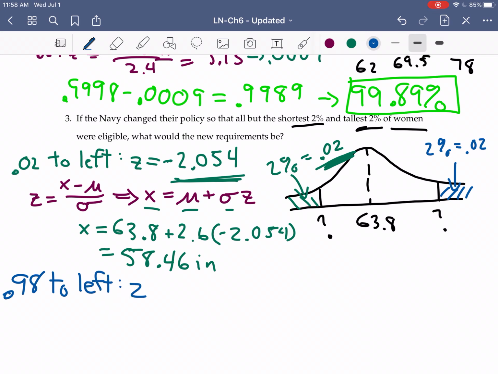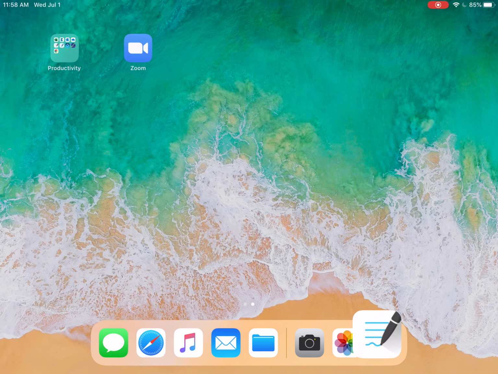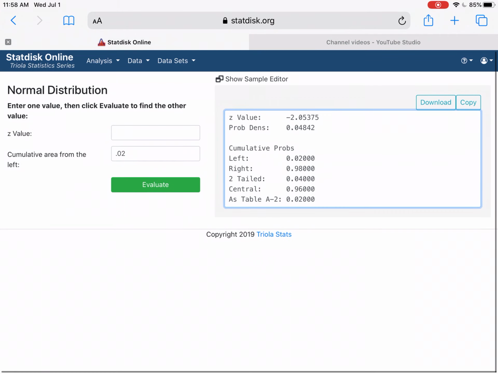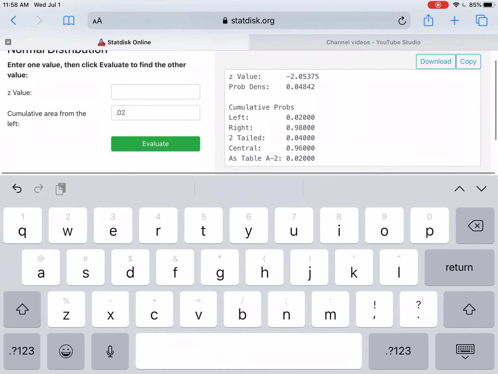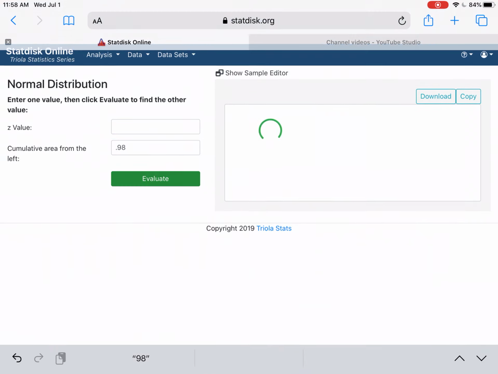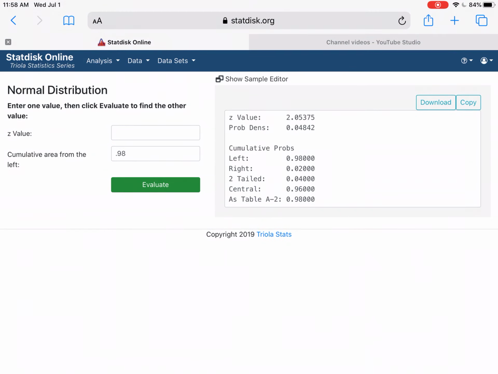Let's go over to StatDisk. We're going to input this time a value of 0.98 and evaluate it. That gives us a value of positive 2.054.